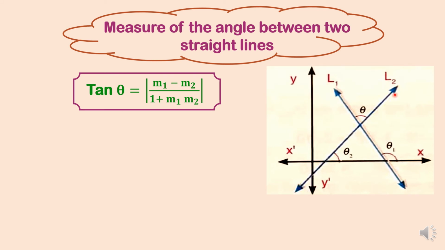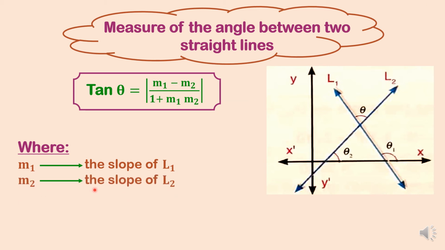If we have two straight lines, L1 and L2, and the angle between them is theta, the rule is tan theta equals the absolute value of (M1 minus M2) over (1 plus M1 times M2), where M1 is the slope of L1 and M2 is the slope of L2, under the condition that M1 times M2 does not equal negative 1.